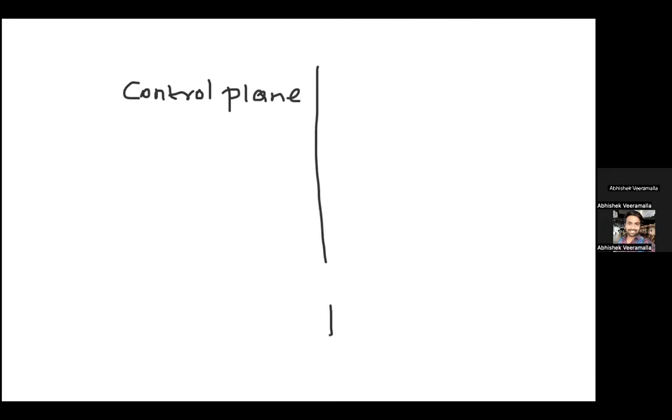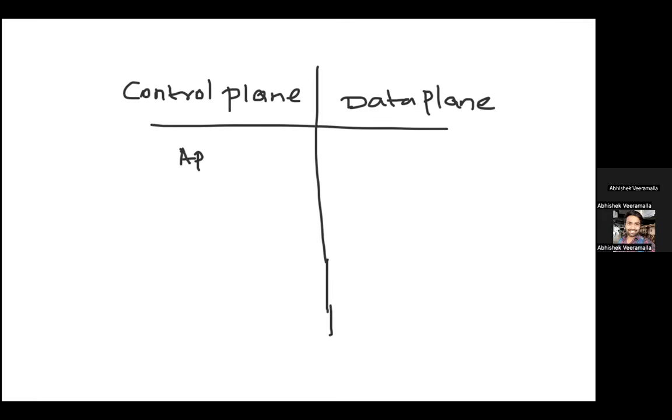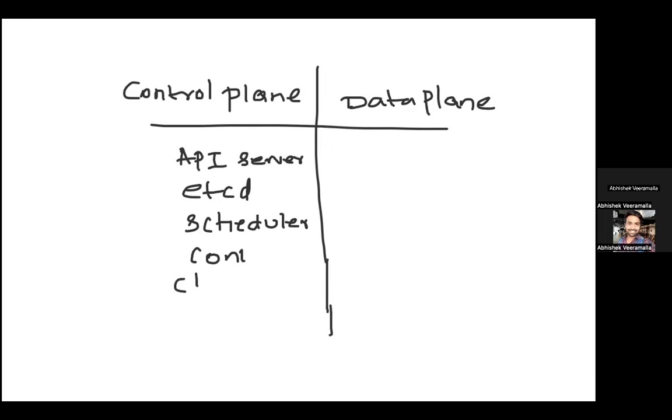And probably if you have watched the previous videos, or any other video, or even read the Kubernetes documentation, you know that there are multiple components in the control plane: the API server, a component called etcd, the scheduler, the controller manager, and the cloud controller manager, which is called CCM. Similarly, in the data plane you have multiple components: the kubelet, the kube-proxy, and the container runtime.